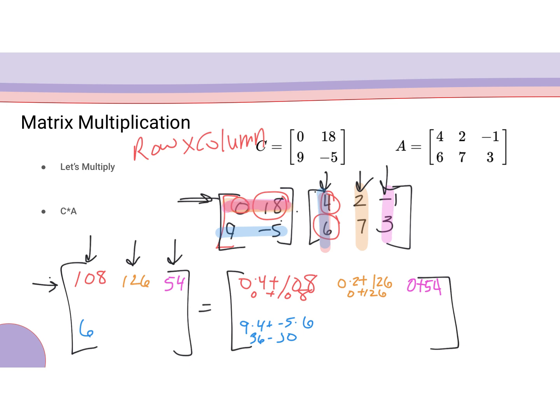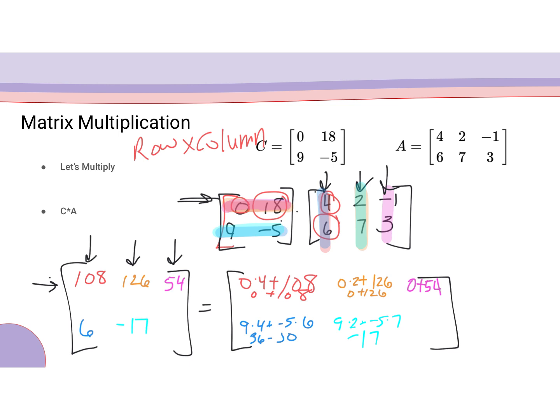Okay, moving on to our next one. 9 and negative 5 times these two values here. So we get 9 times 2 plus negative 5 times 7. So that's 18 minus 35, that's negative 17. There it is.